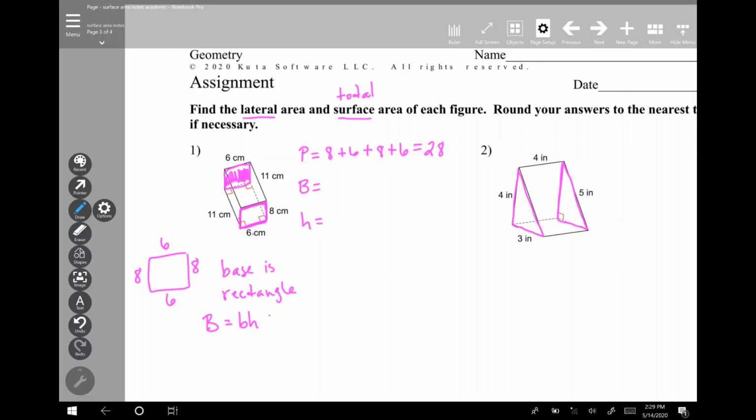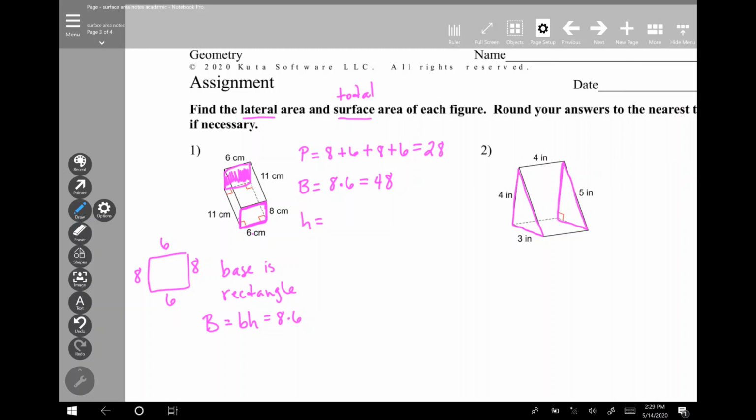Base times height, well, what are the two sides of a rectangle? 6 and 8. So 8 times 6, okay? So whenever you're doing rectangles, for your perimeter and your base, you should be using the same two numbers, okay? You see how for perimeter I only used 8 and 6. For area of that one, I only used 8 and 6. So 8 times 6, that's 48. So now I have that.